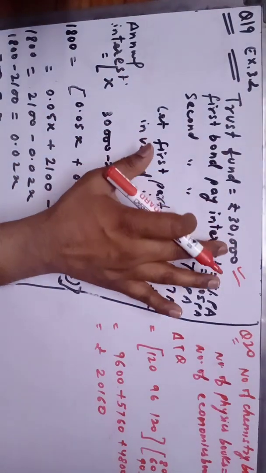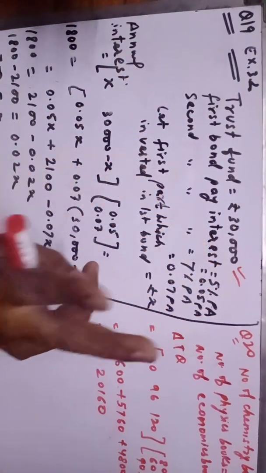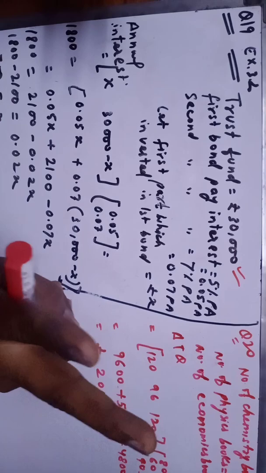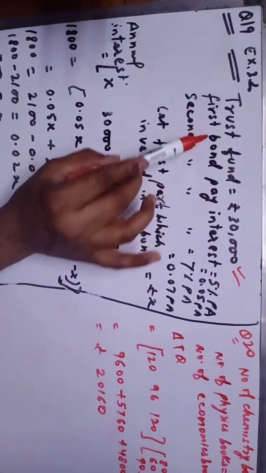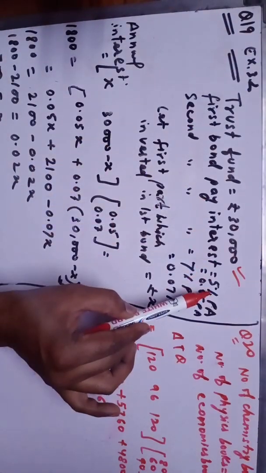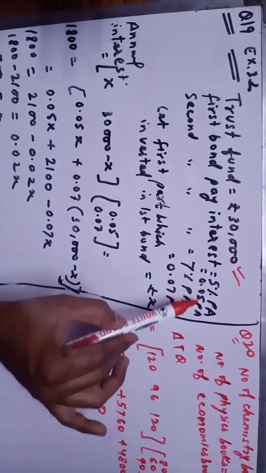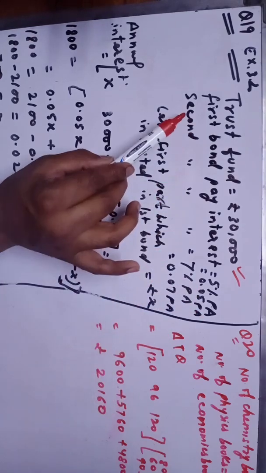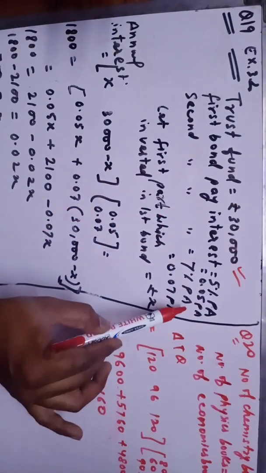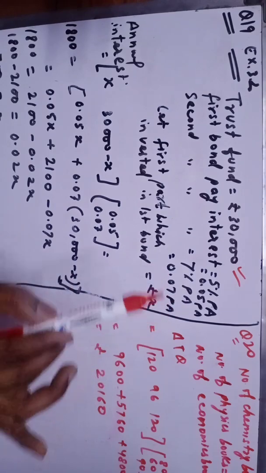The total fund is 30,000 rupees, and we have to divide this fund into two parts. The interest on the first bond is 5% per annum, so I can write 0.05 per annum. And the second bond pays interest 7% per annum, that is 0.07 per annum.